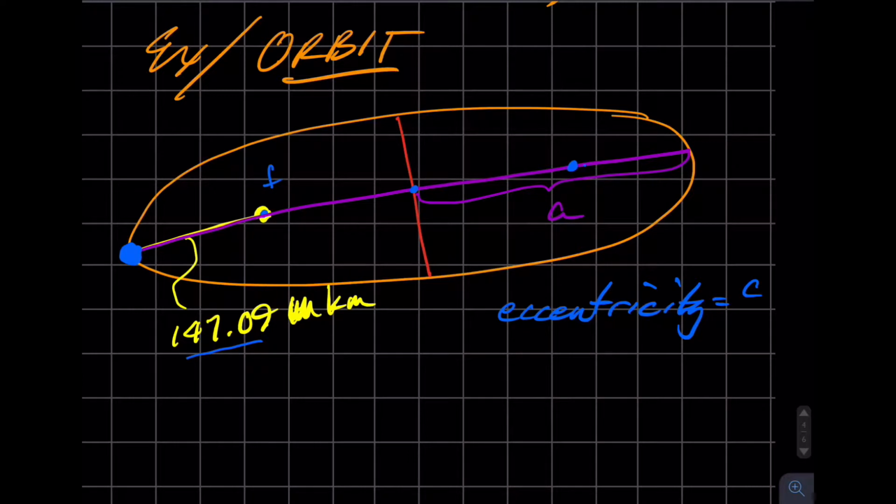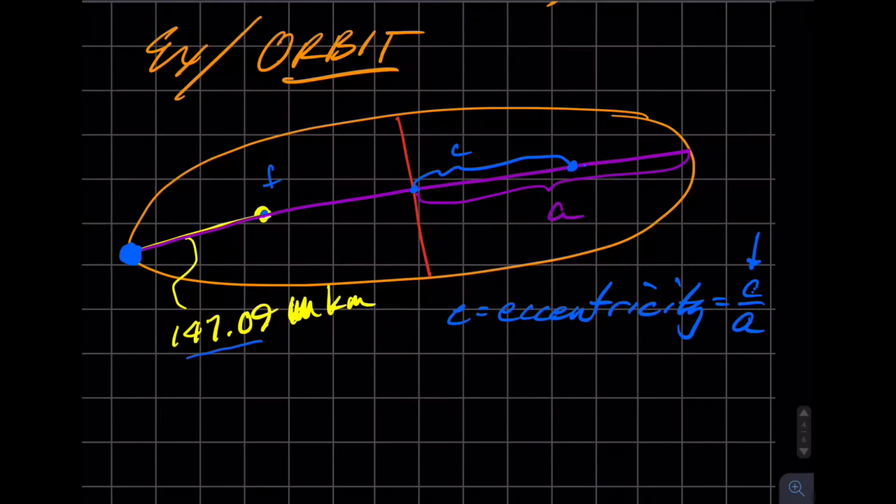It's equal to C over A. And why does that help me to remember it? If C, the distance from the center point to the focus, is equal to 0, I no longer have an ellipse. I actually have a circle. So again, if E, eccentricity, is equal to 0, I have a circle. So if C is equal to 0, 0 over A is 0, I get 0.